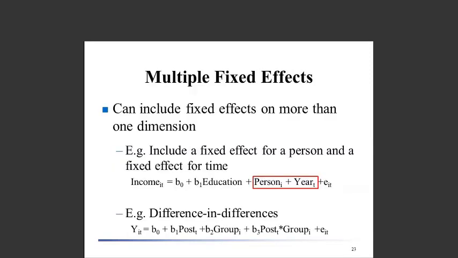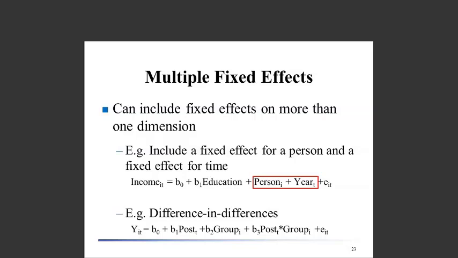Now, one more thing to note about fixed effects before we leave the topic is that you can include fixed effects along multiple dimensions in your model. So a common combination that you'll see is person and year fixed effects in a model.